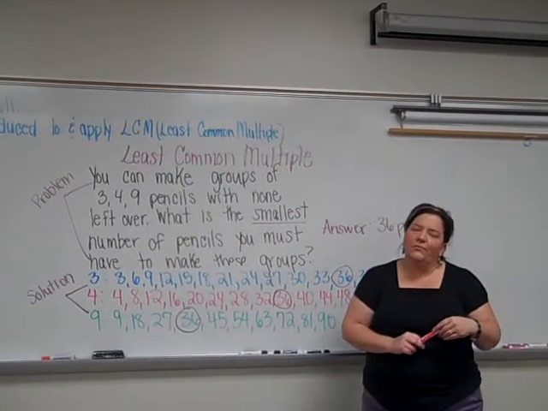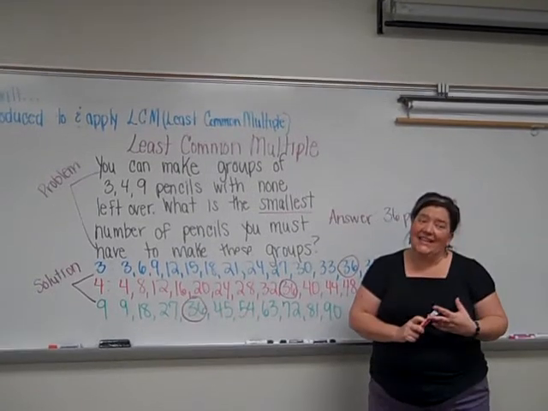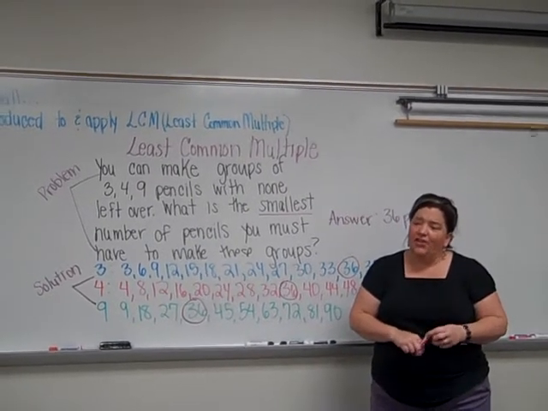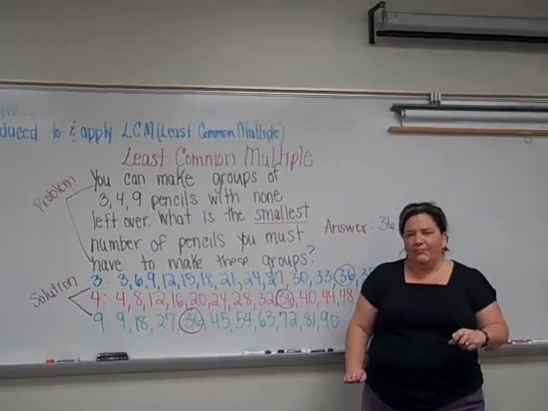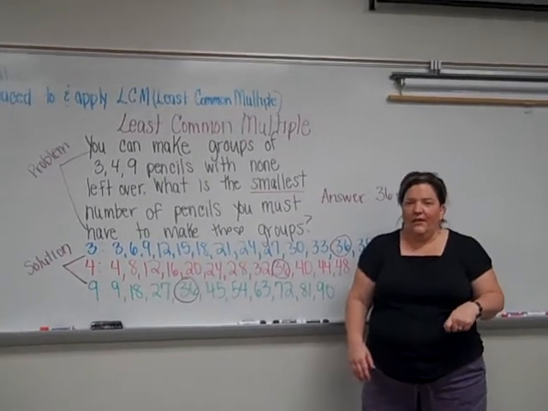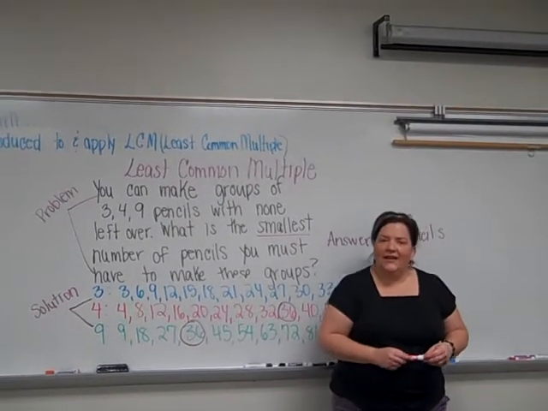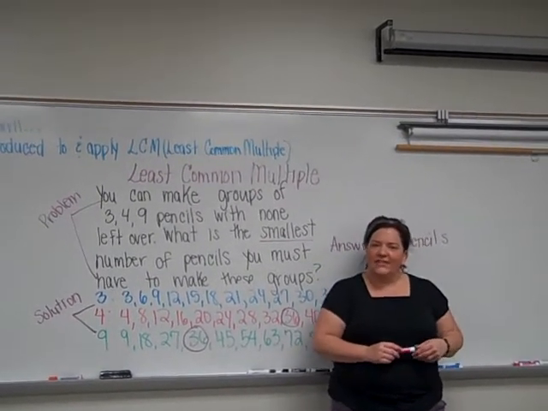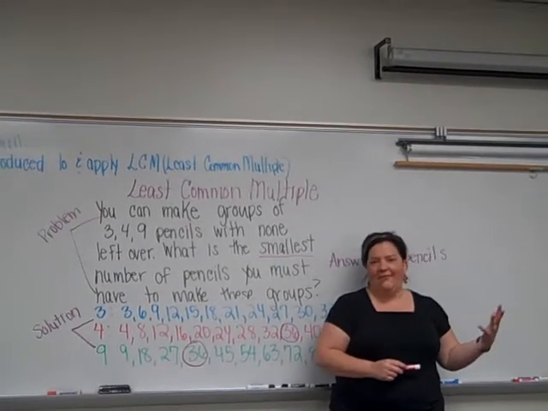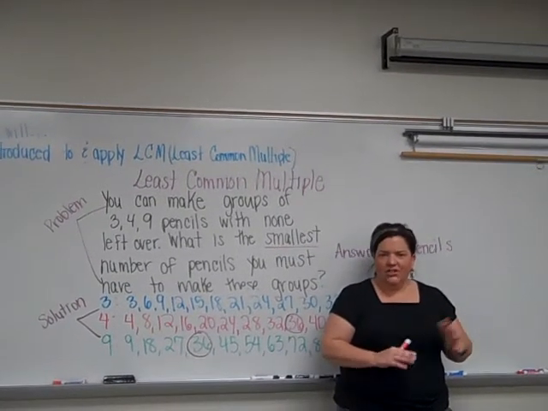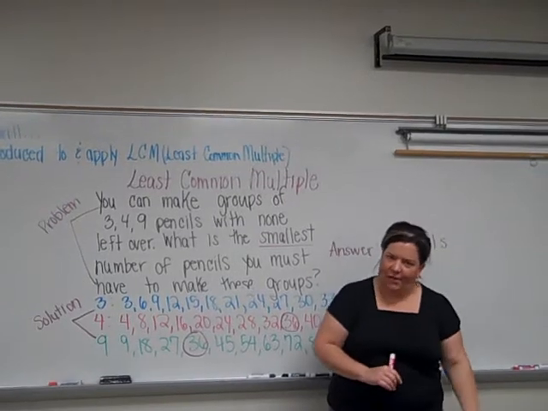So when you see words like smallest, least, minimum, you're going to use least common multiple to solve. But when you see words like greatest, biggest, largest, you're going to use greatest common factor to solve. So I want to make sure I made that clear in this video before we began.